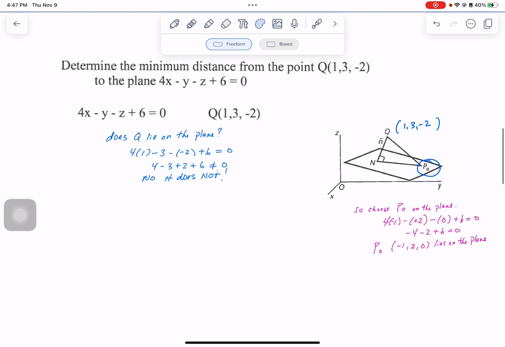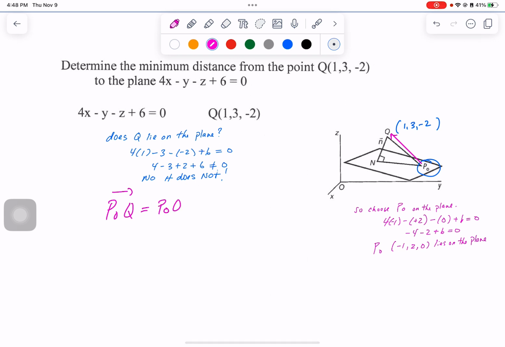So guess what I'm going to create? I'm going to create P naught Q. I'm going to make that vector. So P naught Q is going to be P naught to O plus O to Q. It's going to be O to Q minus O P naught.